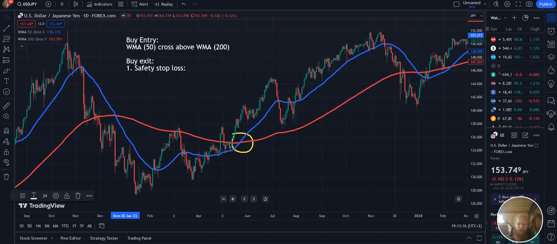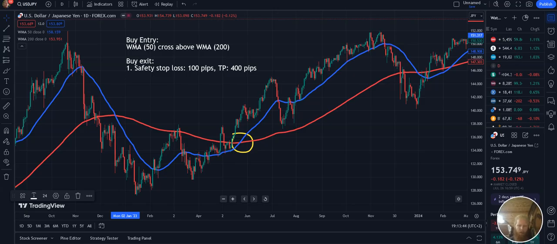And I can say this because I tested this strategy for 20 years without optimization. And the safety stop loss I used was exactly 100 pips. And we have a take profit as well, which was 400 pips.